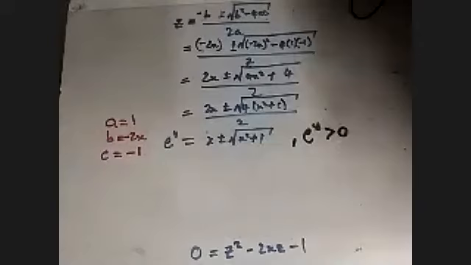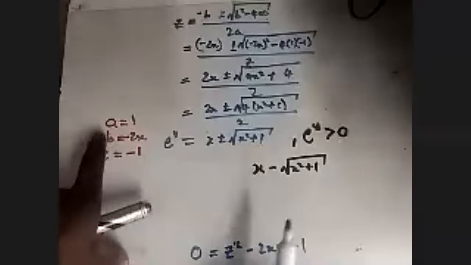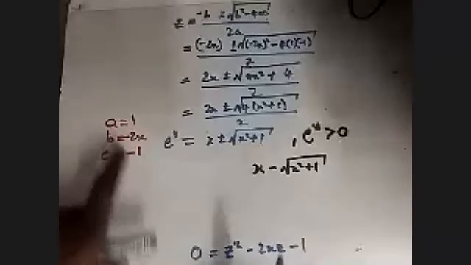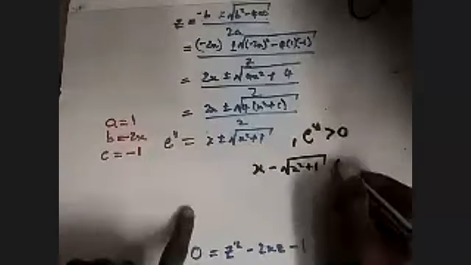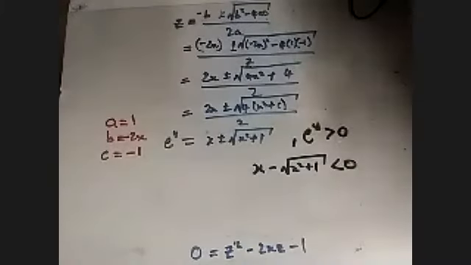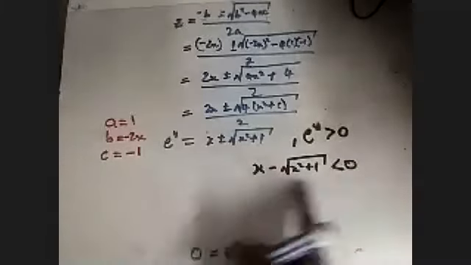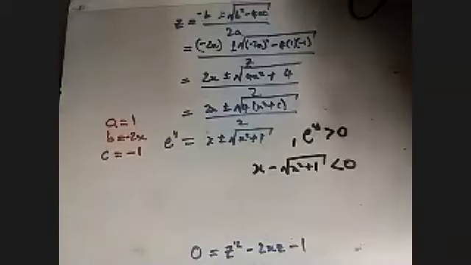Because if you've got x minus the square root of x squared plus 1, it means that this whole thing is always going to be less than 0. We do not consider negatives. We do not want negative solutions here.